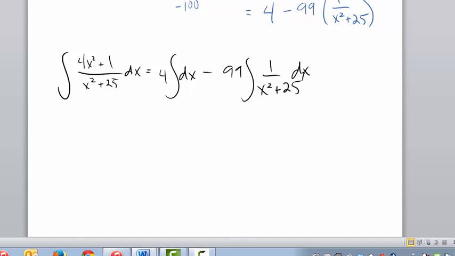Okay, and I'm going to stop this here because the purpose of the video is just to show you how to get it into the form you want. This guy is real easy to integrate, right? And this one's fairly simple to integrate using trig substitution. It is a lot easier than what we were originally given. Remember, you have the sum of two squares in the bottom, so you want to let x be 5 tangent theta. Okay, and then take it from there.